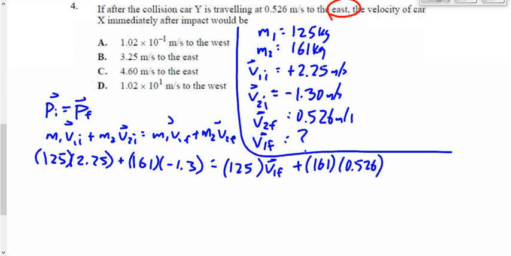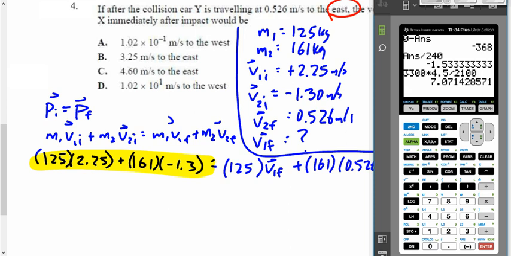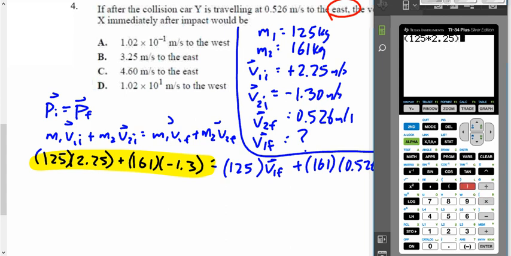Let's get the left-hand side here. Let's say 125 times 2.25, using brackets here, plus bracket 161 times negative 1.3. There's the left-hand side.